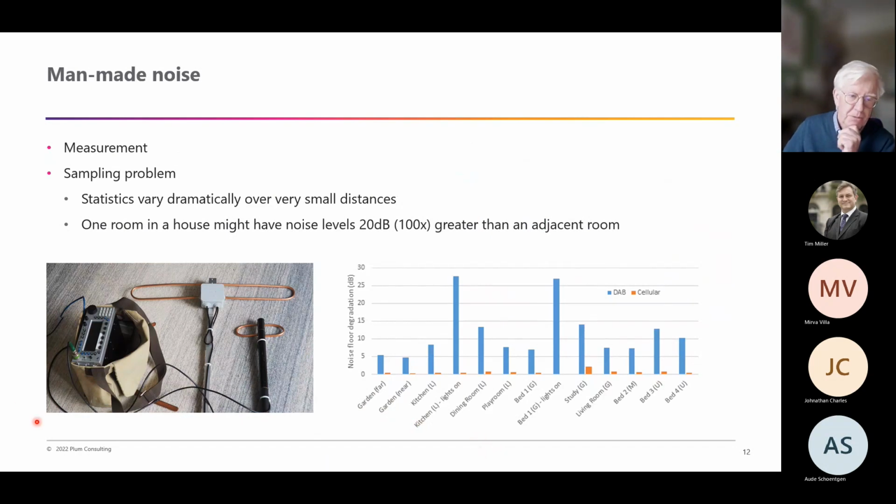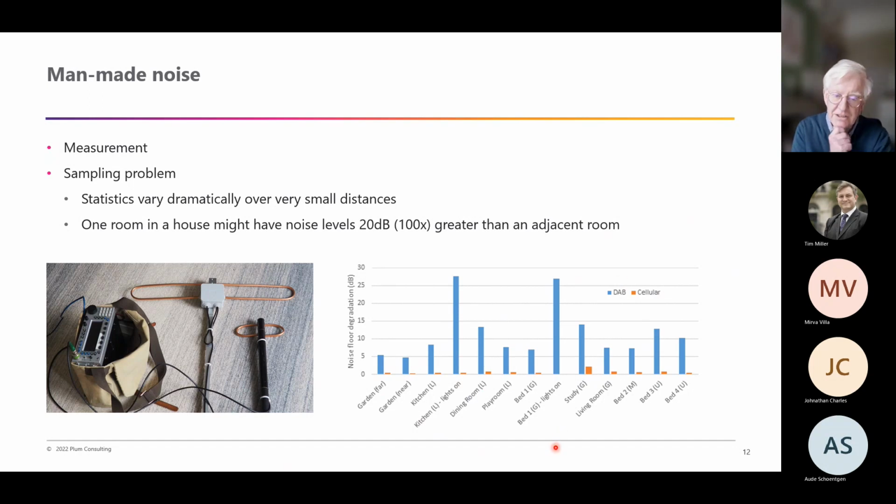So these were some measurements we did comparing noise levels at the frequencies used by DAB services around 200 megahertz and those used by cellular radio services around 800 megahertz. And you can see in line with those ITU charts that the interference at 200 megahertz is dramatically stronger in a typical suburban house than the interference at higher frequencies.